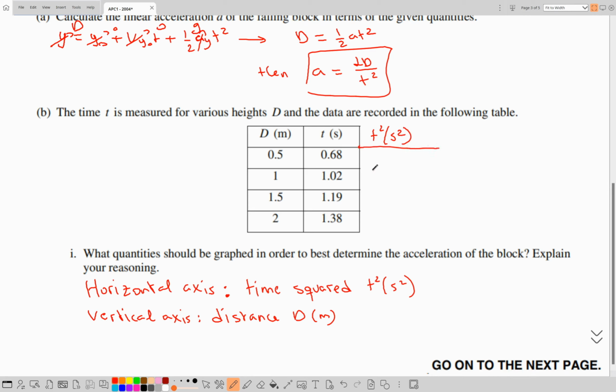So let's determine the square of each of the following quantities. Now 0.68 square, that would be 0.46, 1.02 would be 1.04, and that would be 1.42, and 1.38 would be given by 1.904.